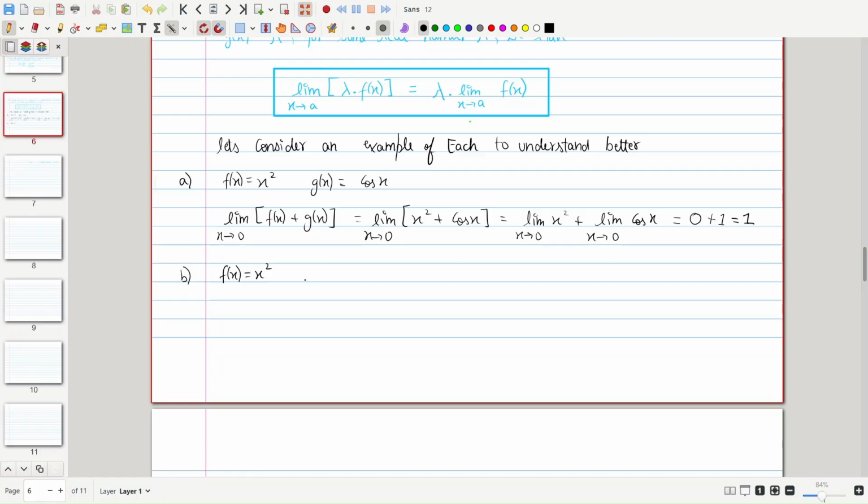Similarly, subtraction. Let's say f(x) is equal to x square and take g(x) equal to, say, sin x. So limit x tending to 0 of f(x) minus g(x), in this case limit x tending to 0 of x square minus sin x. As x tends to 0, x square goes towards 0, and sin x goes towards 0. So 0 minus 0 is 0.